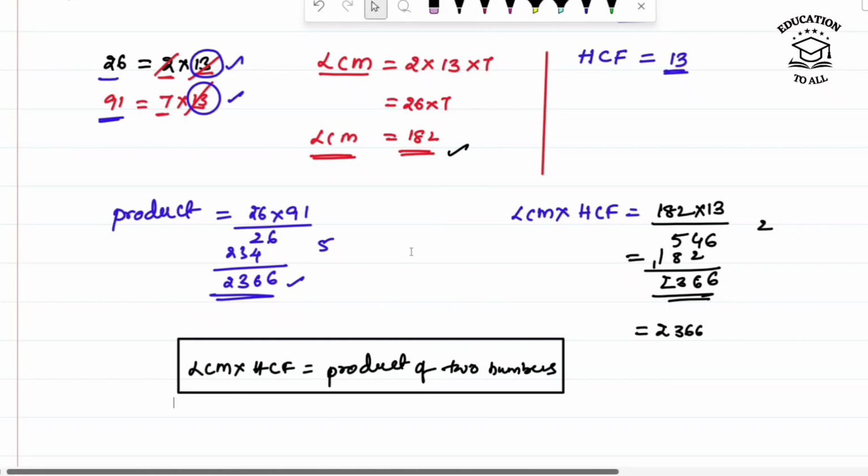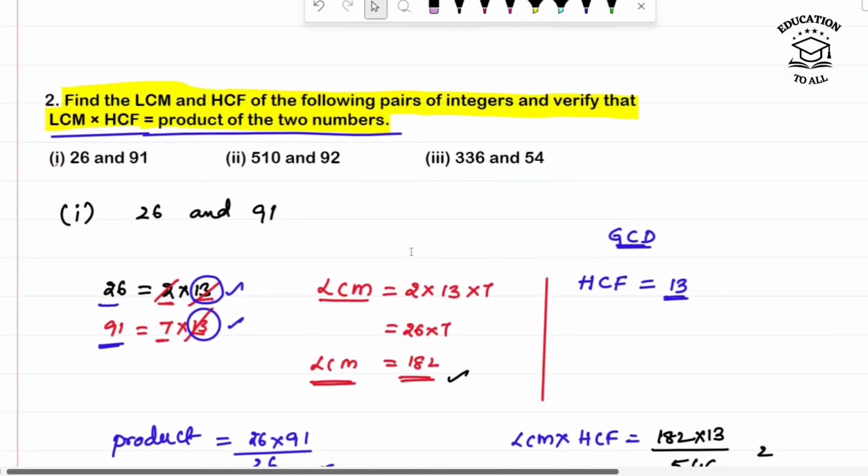I hope you understood, and we'll try to check the second Roman number 2 in it: 510 and 92. I'll write the prime factorization. 51 into 10, so this can be further written as 3 into 17 into 5 into 2. I wrote 51 as 3 into 17, and 10 as 5 into 2. So this is a prime factorization.